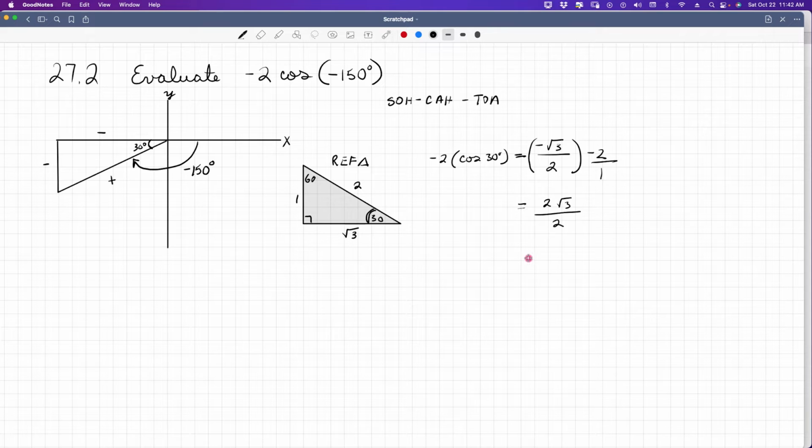Those two cancel. So negative 2 times the cosine of negative 150 degrees, going back to the original angle here, is going to be equal to the square root of 3. And that is our response.